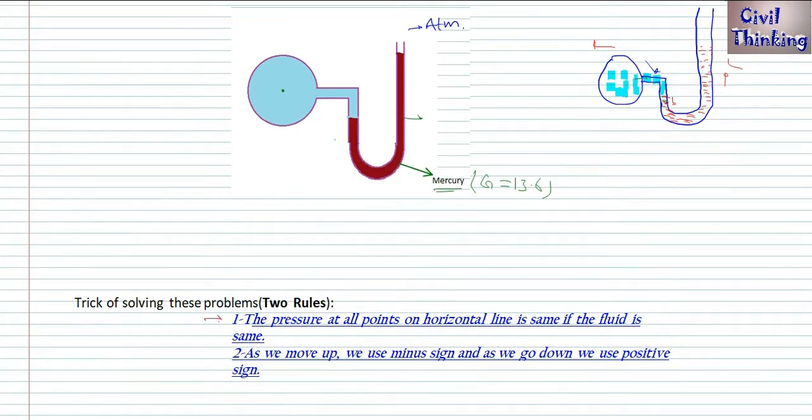One rule is this: the pressure at all points on a horizontal line is same if the fluid is same. The pressure at all the points on a horizontal line. Horizontal line is, let me draw a line here with this color. Suppose I'm drawing a line here, like this.